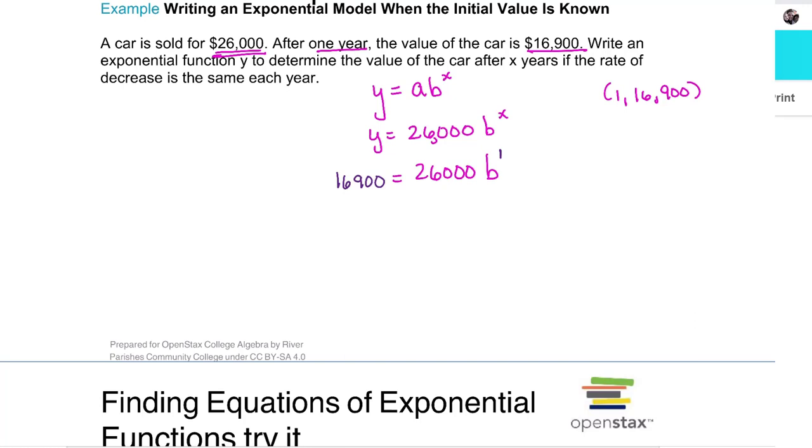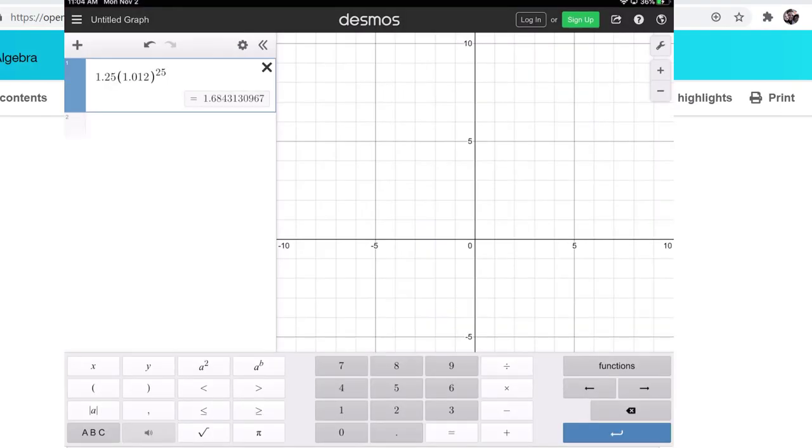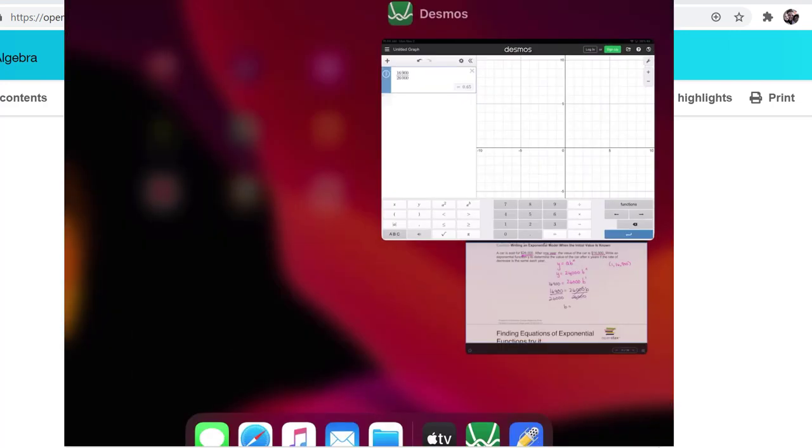So we have 16,900 equals 26,000b, because b to the first is just b. Now I'm going to divide both sides by 26,000, and we're going to find our b. 16,900 divided by 26,000, and we get 0.65.